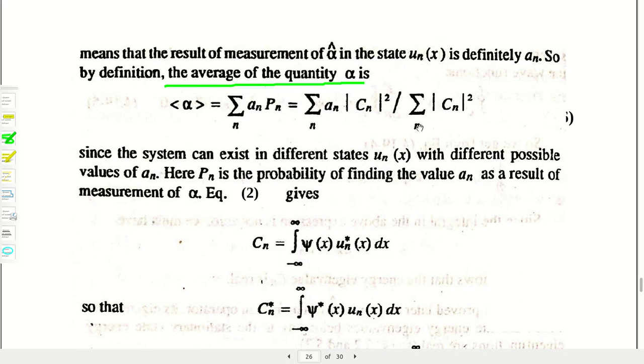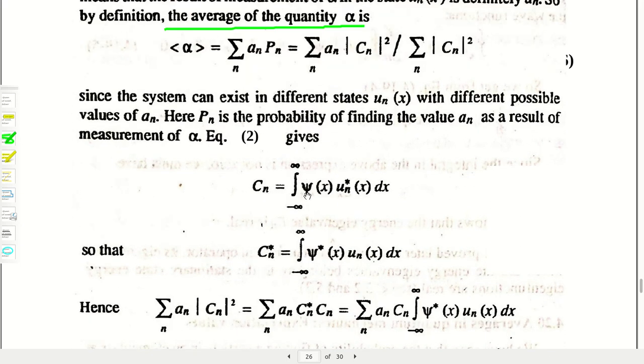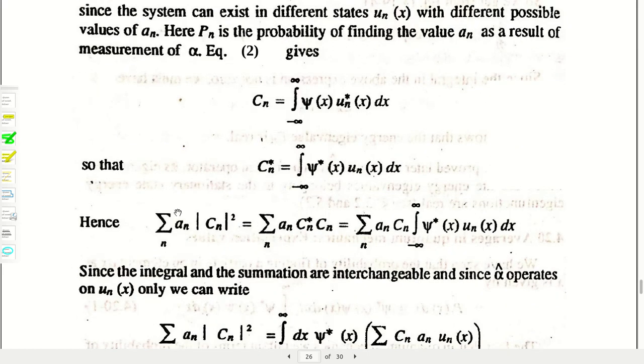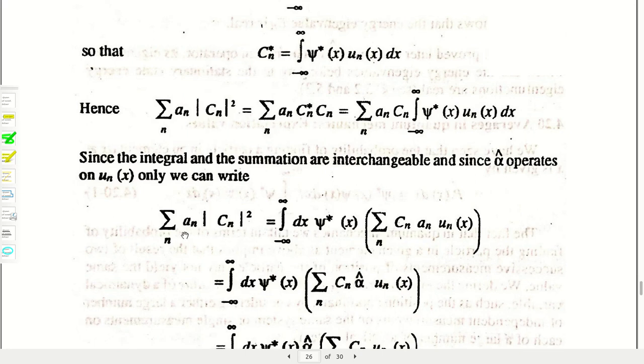Now Cn, you know, is equal to the integral of psi of x un star dx. So Cn star will be what? Integral of psi star un dx. So the first term, the numerator term, is an mod Cn square.